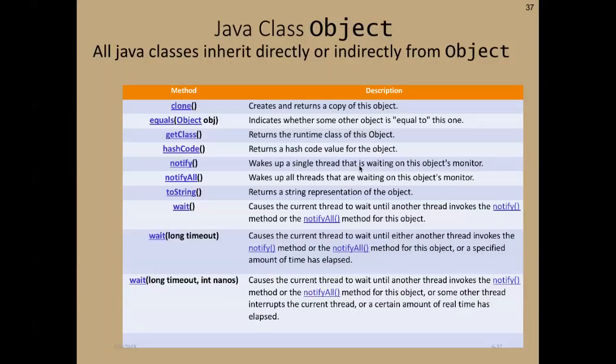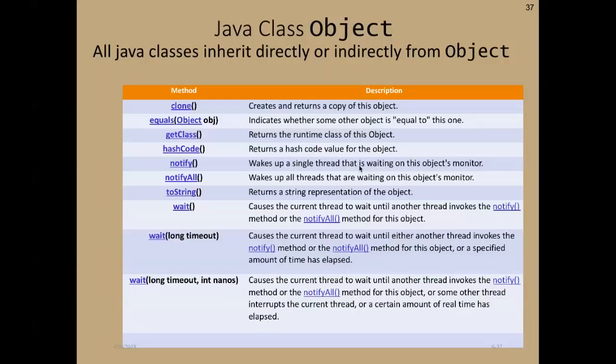Actually, we use the getClass method to get the name of the class of the object. Each toString method returns a string representation of an object. I will show you in a program, and it will be easy for you. What is the string representation of an object?